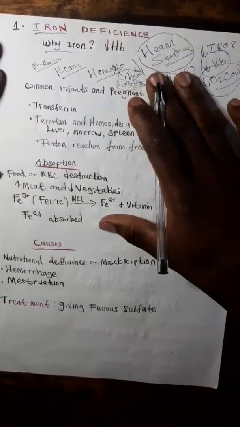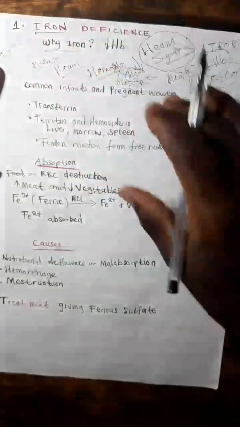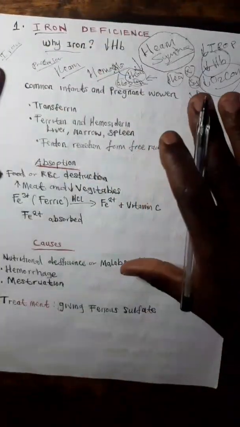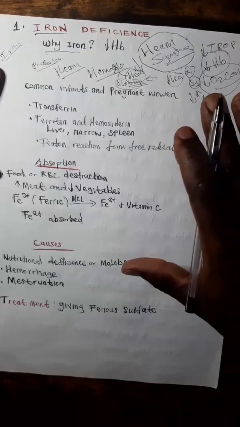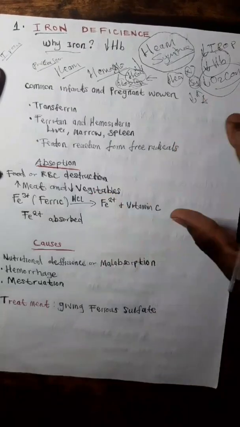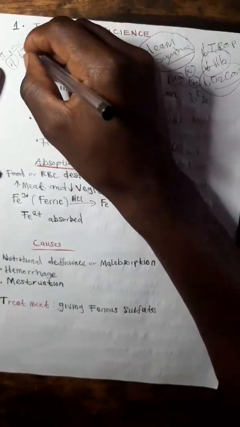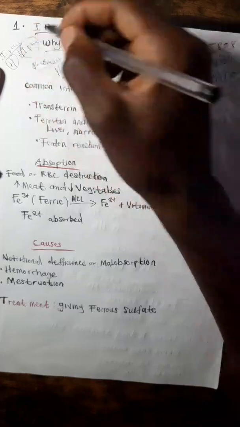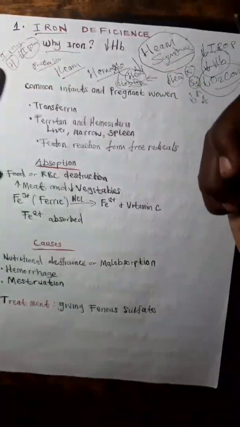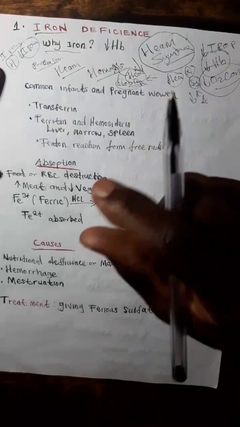So now let's talk about the iron. Iron is responsible for the production of the hemoglobin. So when there is little iron, it means that the hemoglobin that will be formed will be very small.